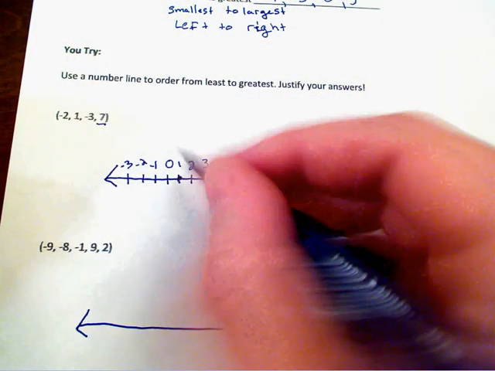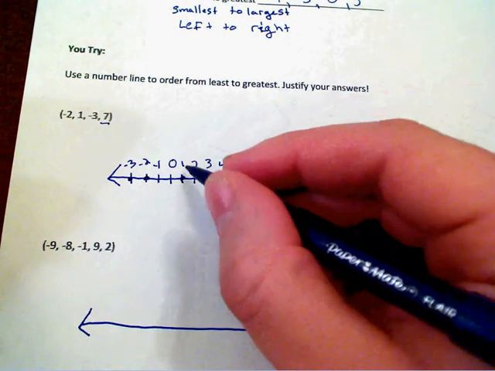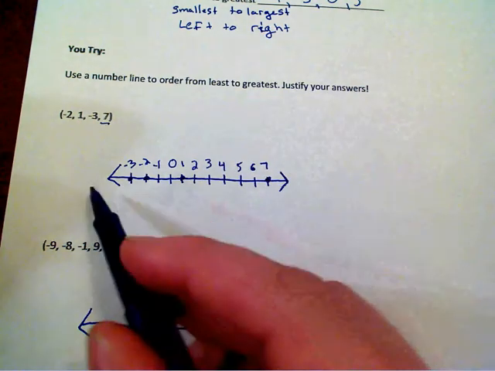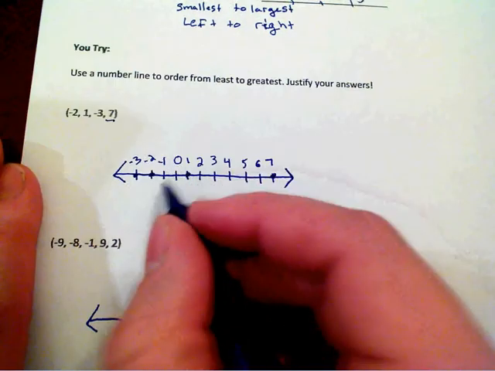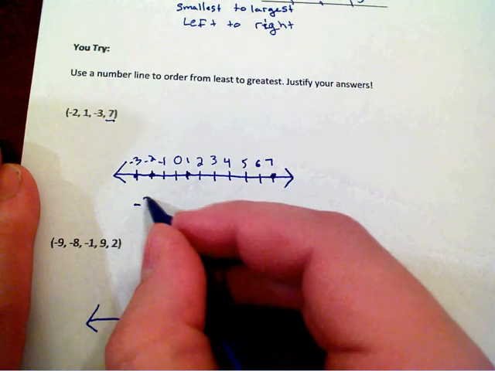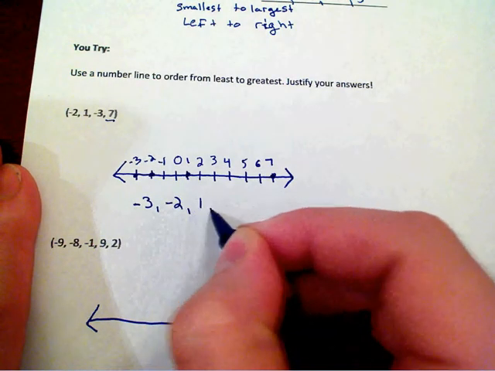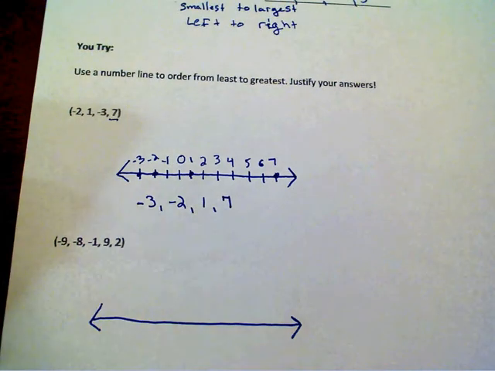So I have 0 here, -3, -2, 1, and 7. If I go from left to right, because numbers on the right of the number line are greater, my order from least to greatest is -3, -2, 1, and then 7. Those are the numbers from smallest to largest.